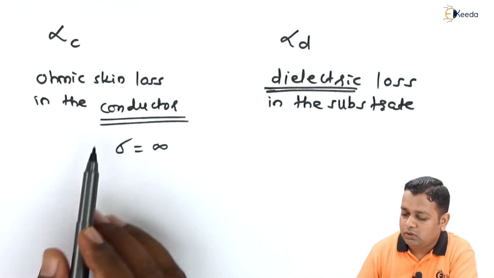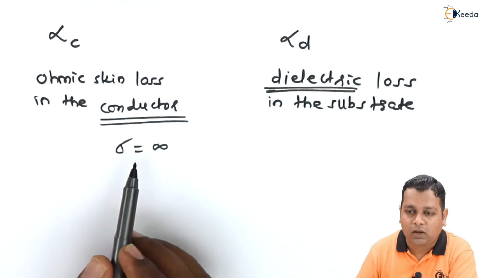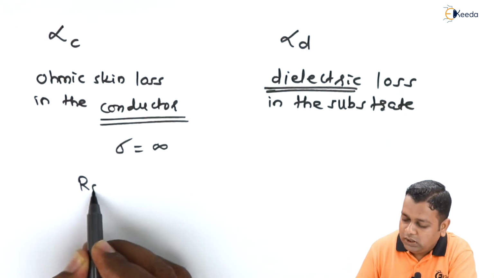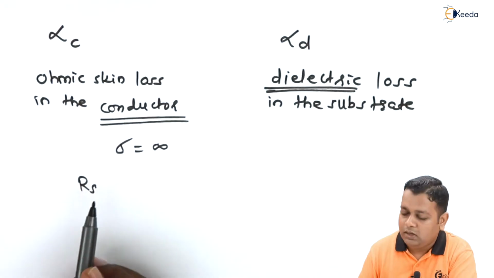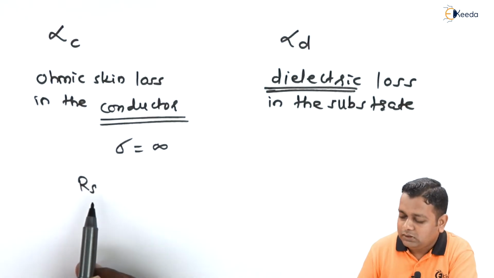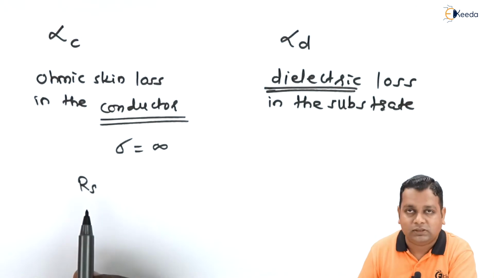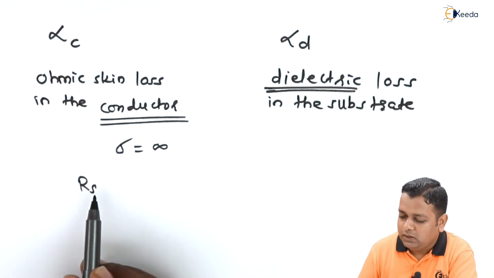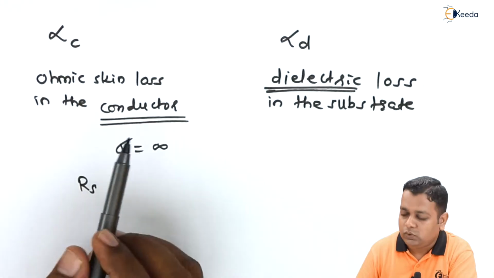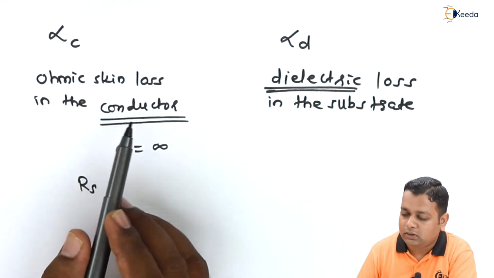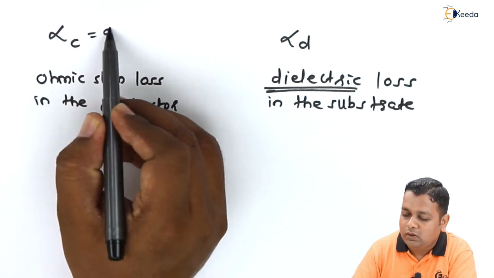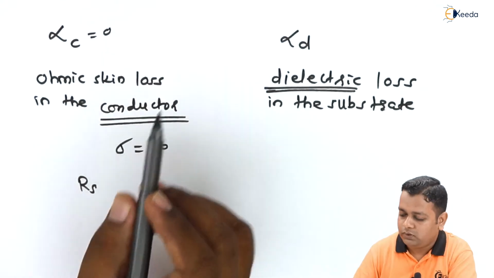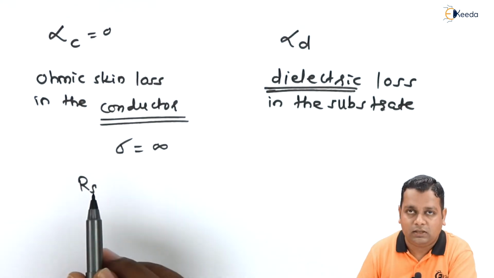So all these materials having a finite value have at the surface some kind of resistivity, represented by R suffix S. Because of this R S we get the losses to occur. If the material is a perfect conductor, alpha C should ideally be equal to 0, but practically it has a certain non-zero value. It is because of the R S content there.